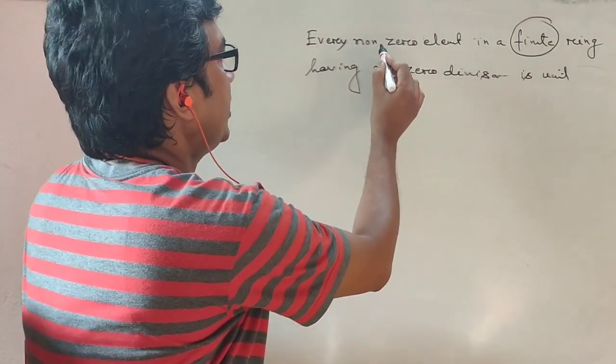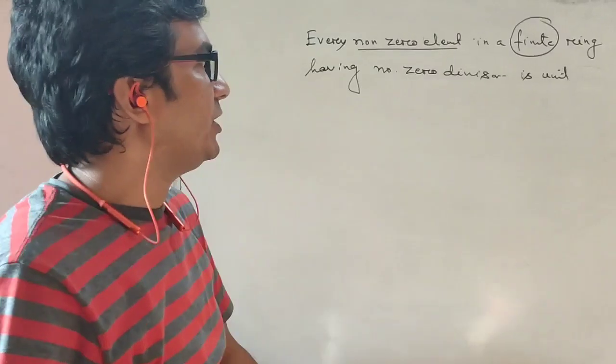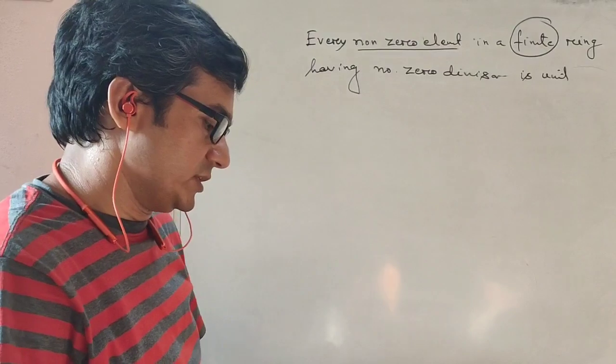Every non-zero element in a finite ring having no zero divisor is a unit.